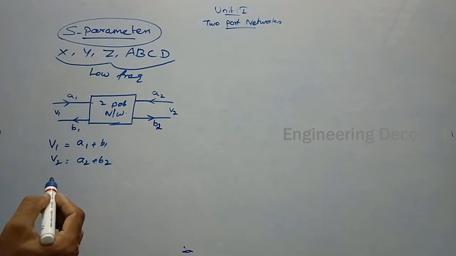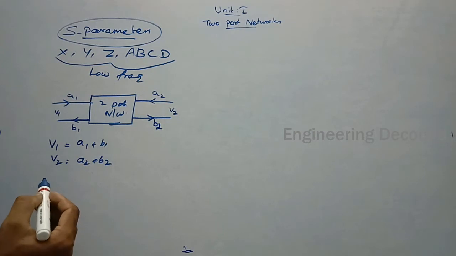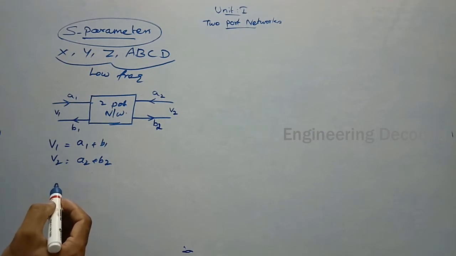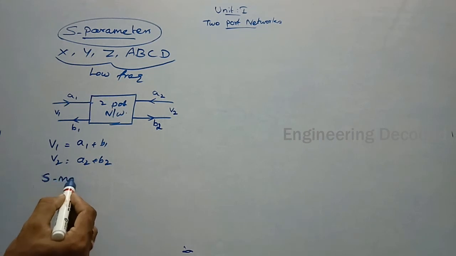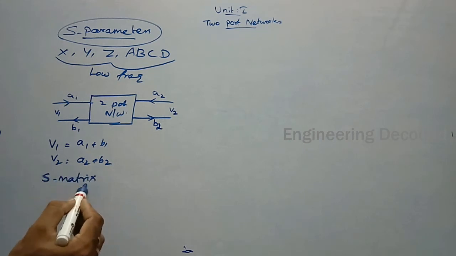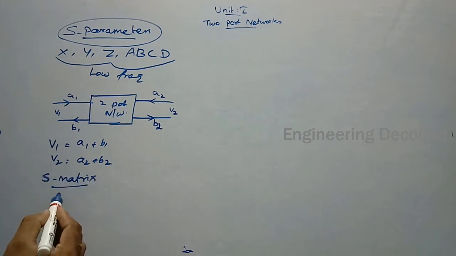Now to find the scattering parameters, we need to form a matrix called the S matrix.